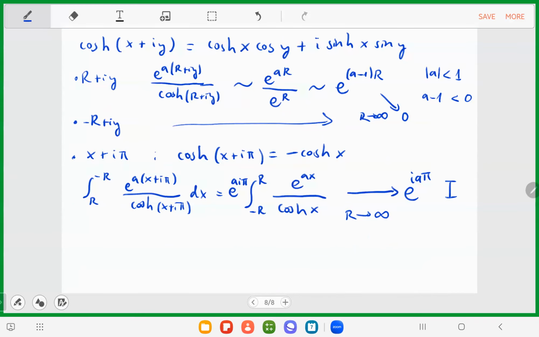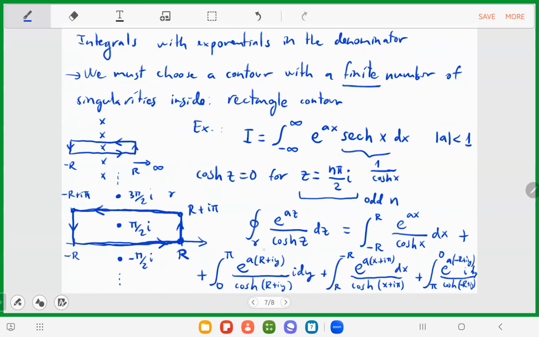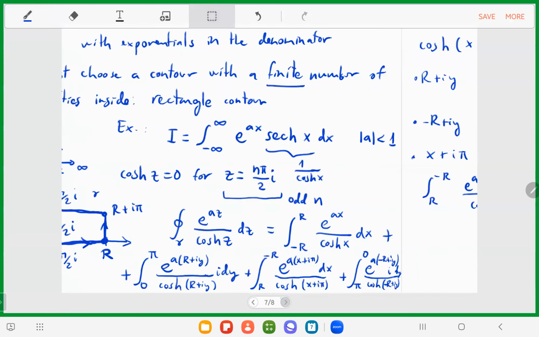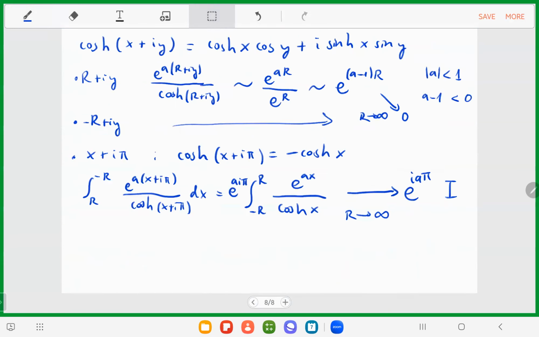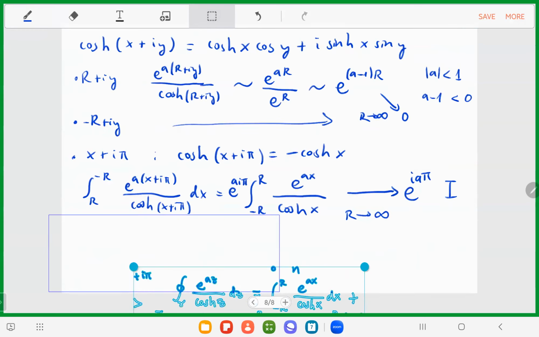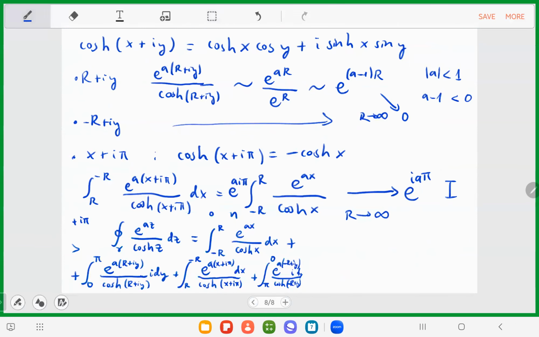So we can summarize here from these four integrals. From these four integrals, we will have that this one is 0 when r goes to infinity.